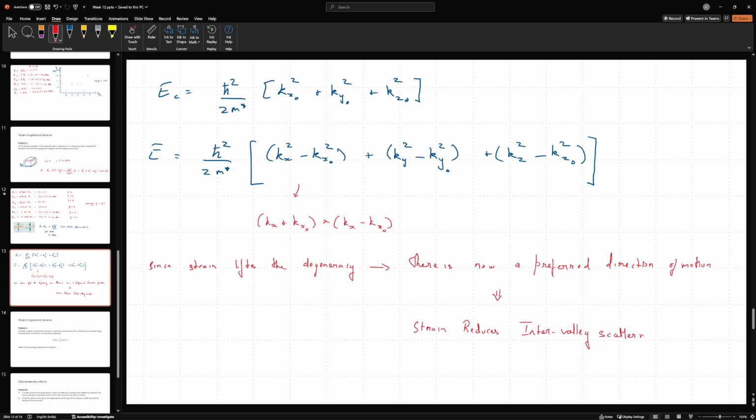Since my electrons can no longer randomly change direction, there is a constraint. I can actually have a more directed flow. This in turn will technically increase mobility, which in turn will lead to better conductivity. So this is the ultimate takeaway for this whole strain engineering problem.